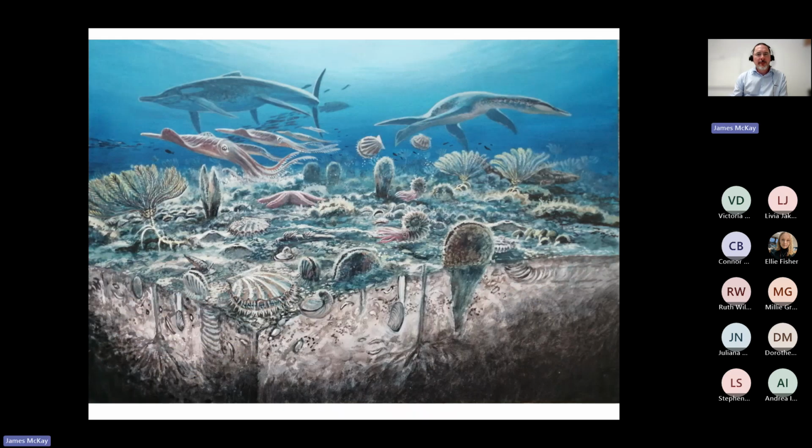So this is another piece of artwork that summarized a huge amount of research by a team of scientists at the University of Leeds, working on a climate event in the Jurassic on the Yorkshire coast. There was a major period of global warming and a mass extinction event.